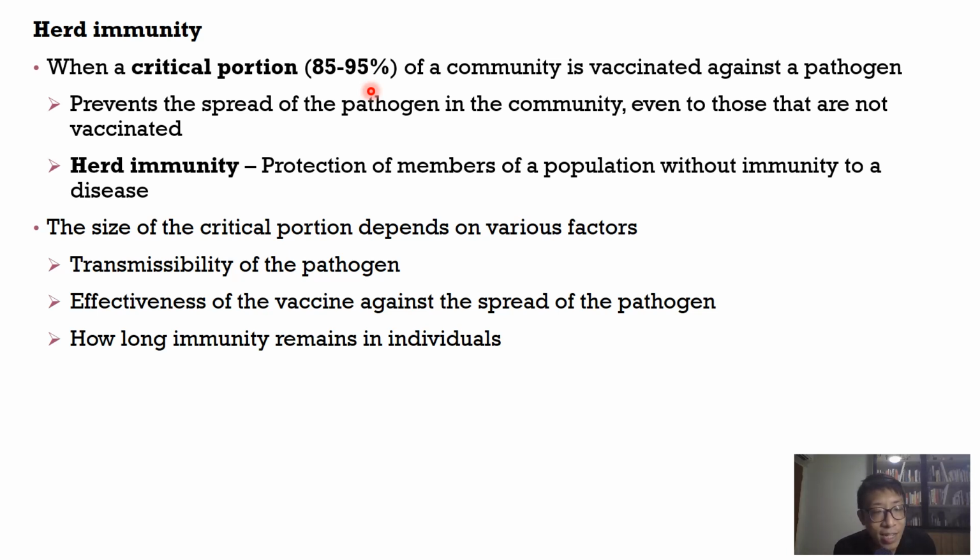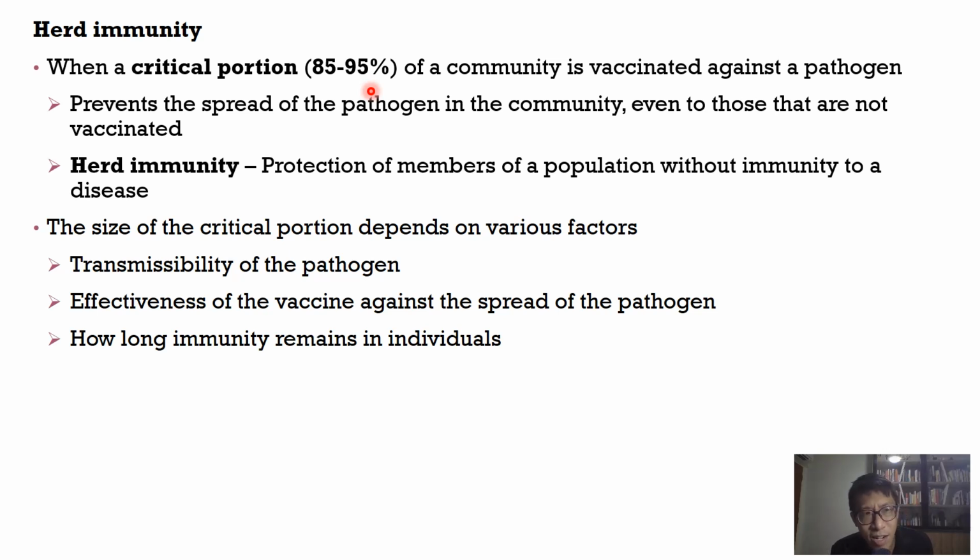Or if the vaccine is not as effective to protect against the spread of the pathogen, then obviously we need a higher portion to be vaccinated. Like for example, our COVID vaccine, right? It is more effective in protecting us against serious disease, serious symptoms, but not so effective in the spread of the virus.